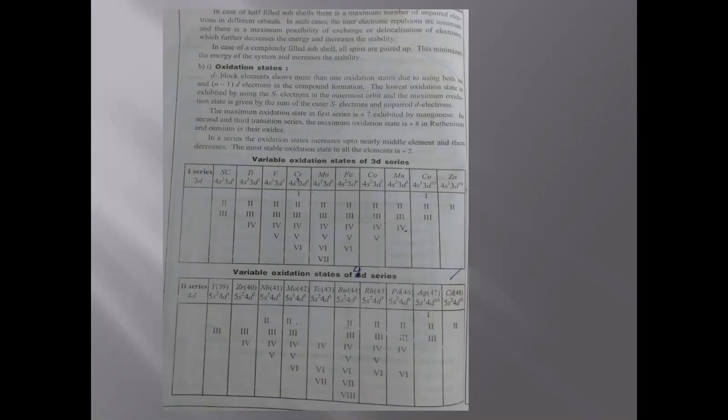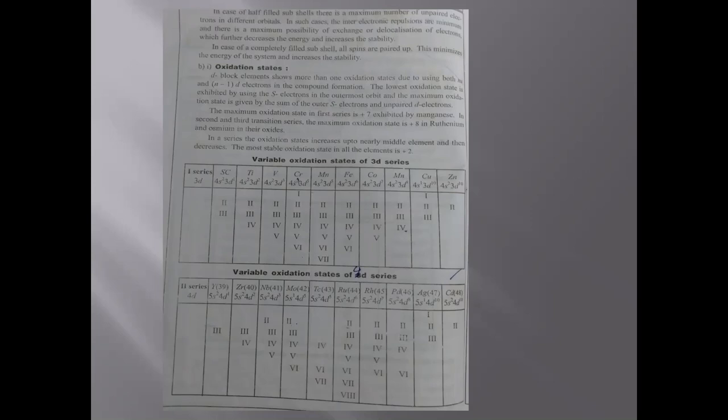In second and third transition series, the maximum oxidation state is +8 in ruthenium and osmium in their oxides. In a series, the oxidation states increase up to nearly the middle element and then decrease. The most stable oxidation state in all the elements is +2.